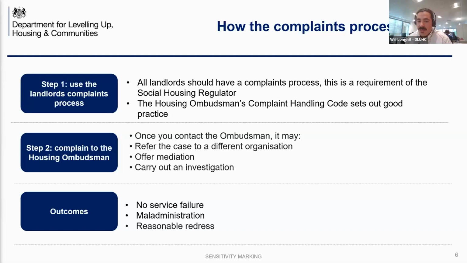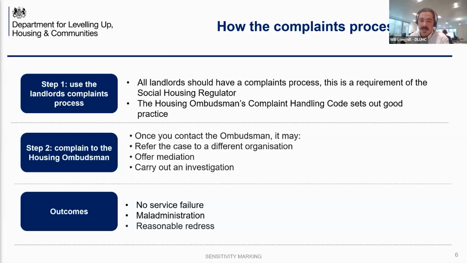Or, and this is what happens in thousands of complaints a year, they'll carry out an investigation where they decide an investigation is proportionate to the circumstances and there's evidence of potential landlord wrongdoing. So if that complaint works through and there is an investigation, there are a number of different things that could happen. It potentially could find that there hasn't been any service failure.